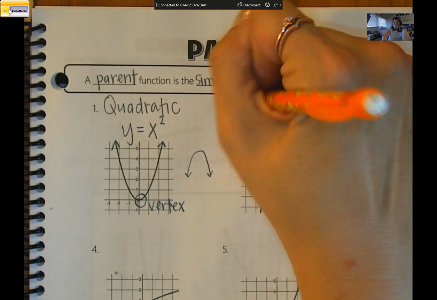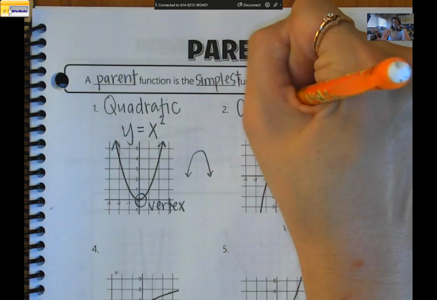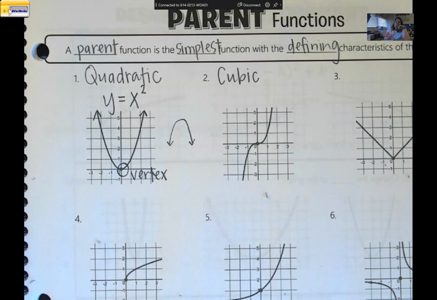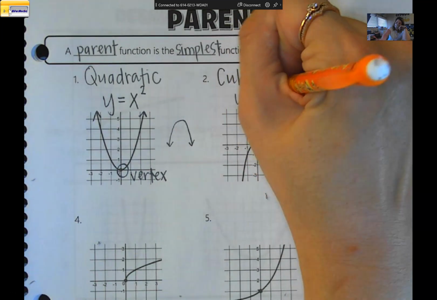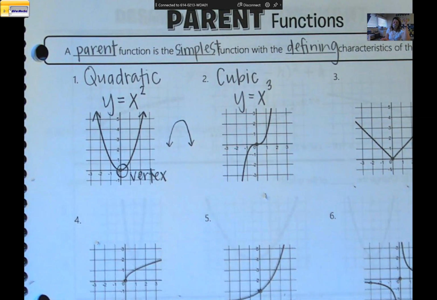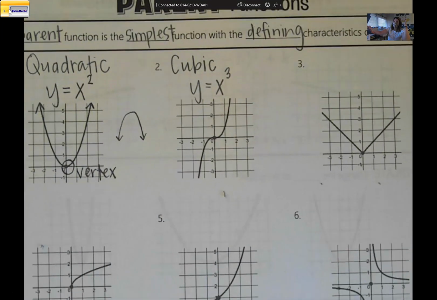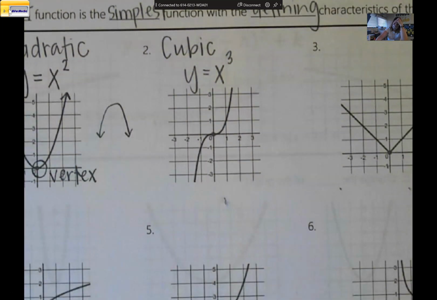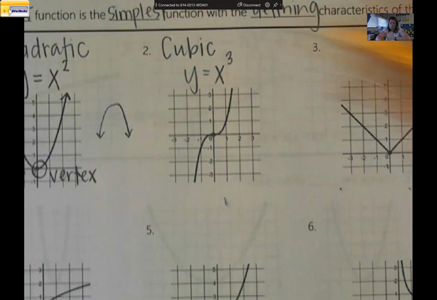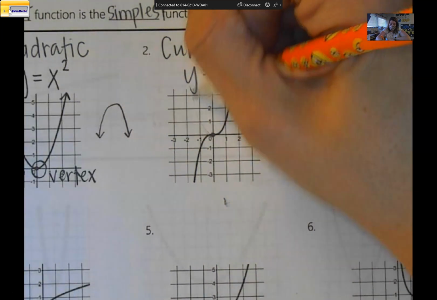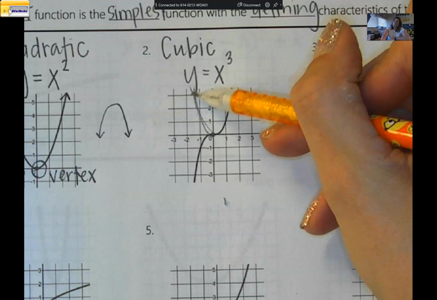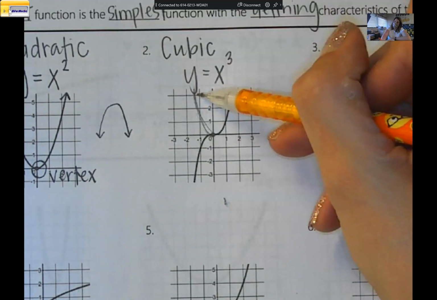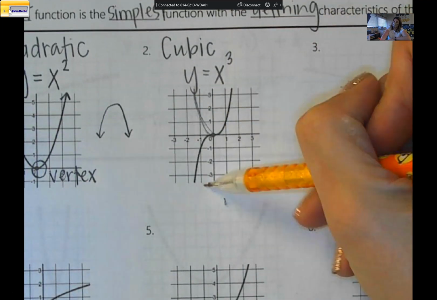Okay, the next function family is the cubic family. And it has that name because it is y equals x cubed, or y equals x to the third. So this function is a parabola whose left-hand leg has been bent down.